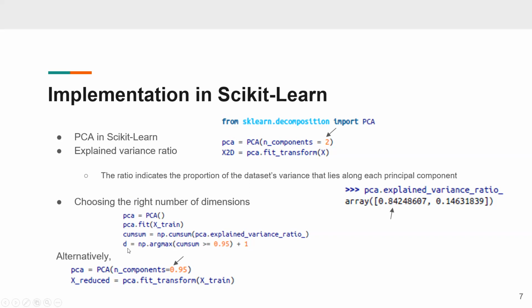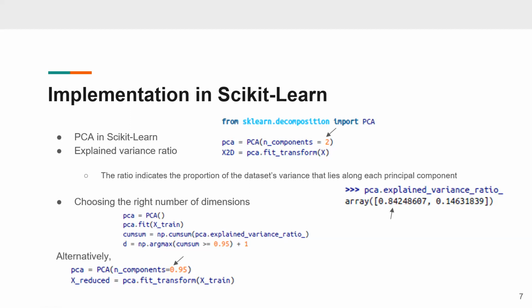That's one way. The second way is, instead of using an integer to define your number of components, you use a ratio from 0 to 1. In this case, use 0.95 to define your PCA, and you would be able to directly figure out the proper dimensions. So just pay attention to the difference.